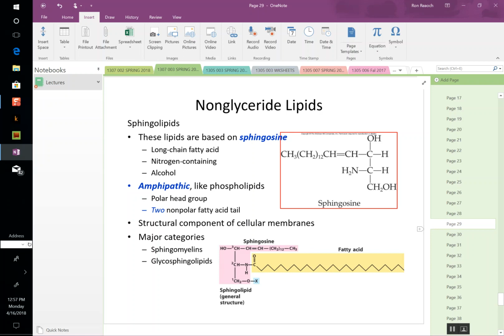So sphingolipids, you don't need to draw these, but do know that this is the main component of nerve cell membranes. All the other cells in your body are using phosphoglycerides. Nerve cells, the myelin sheath, the cell membrane around your neurons and connectors of your nerve cells is sphingolipids.